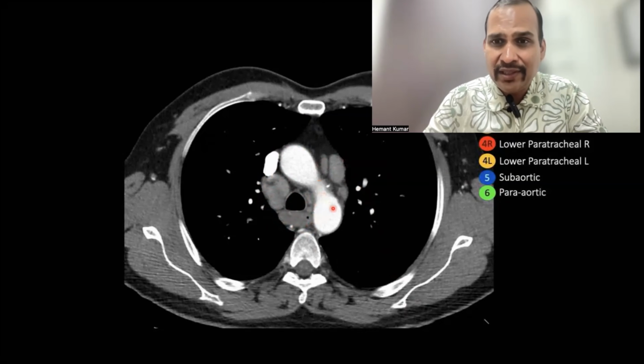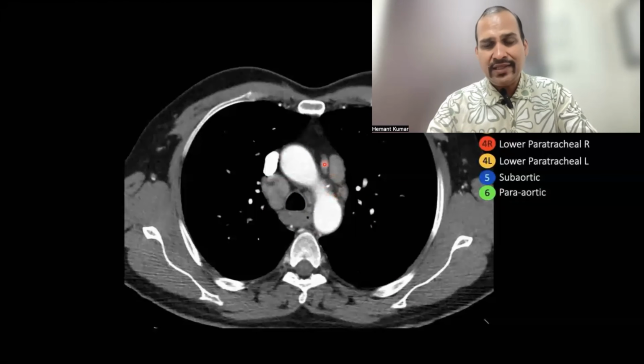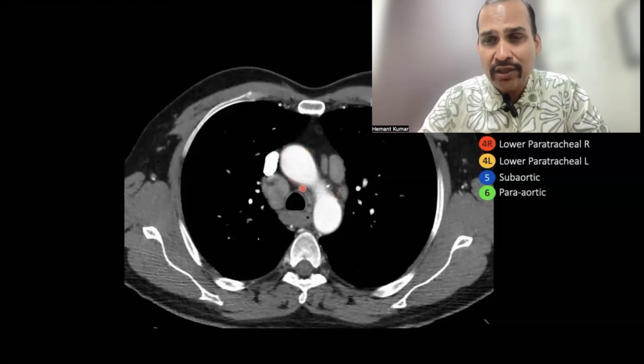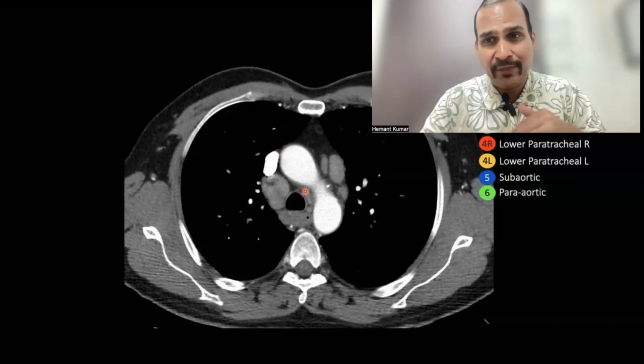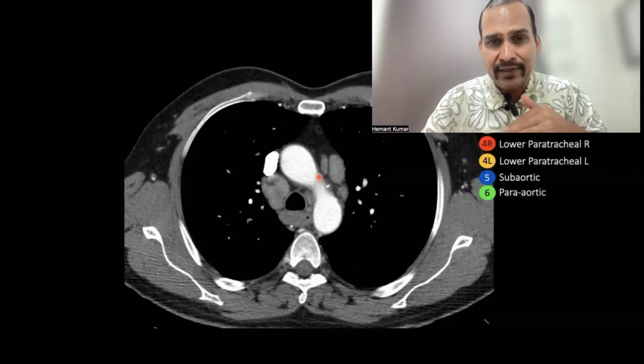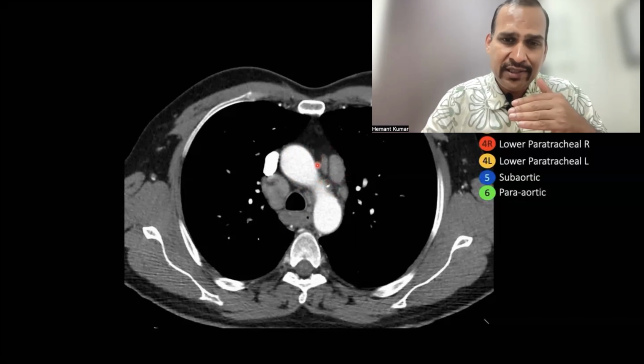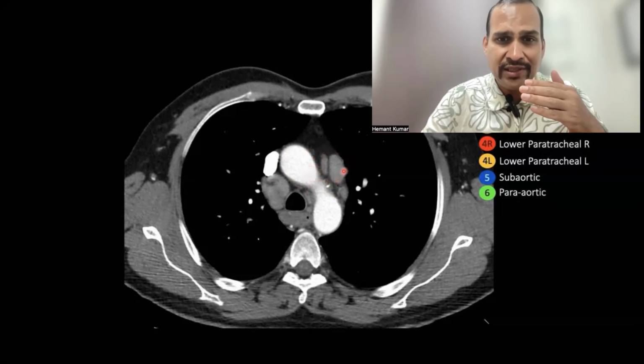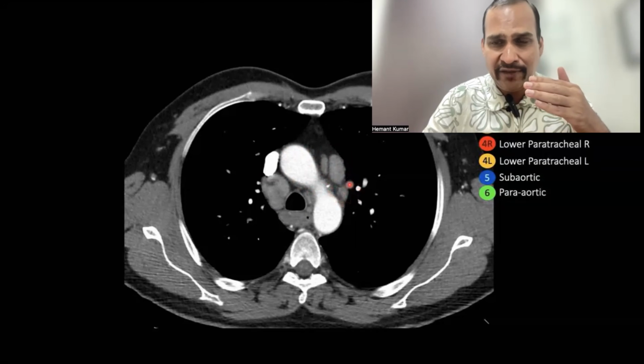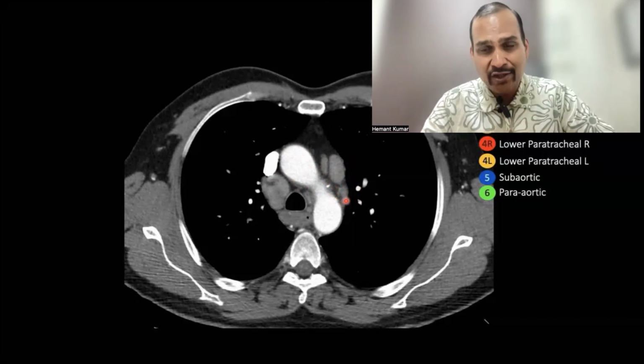And what about these nodes? You can see the arch of aorta is not finished yet. It is not completed, but it is going to be completed. So this is a transition node. This node is along the aorta, so this is para-aortic. But this lower node is a sub-aortic lymph node because it is coming below the arch of aorta.